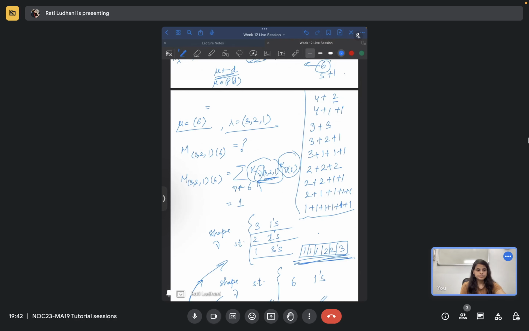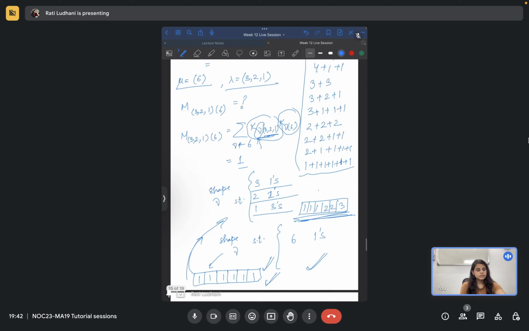If you want to see it in the matrix form, we want the row sum to be 3, 2, 1 and the column sum to be 6.